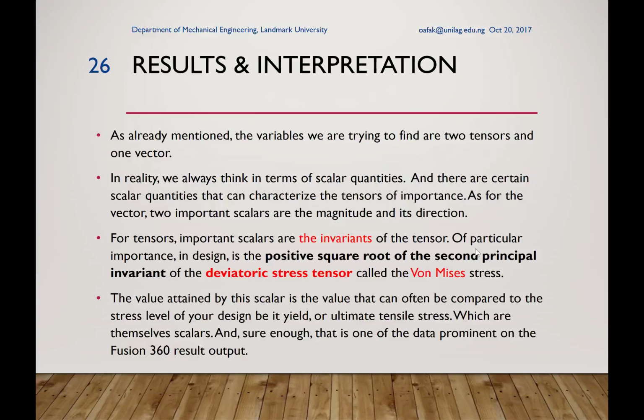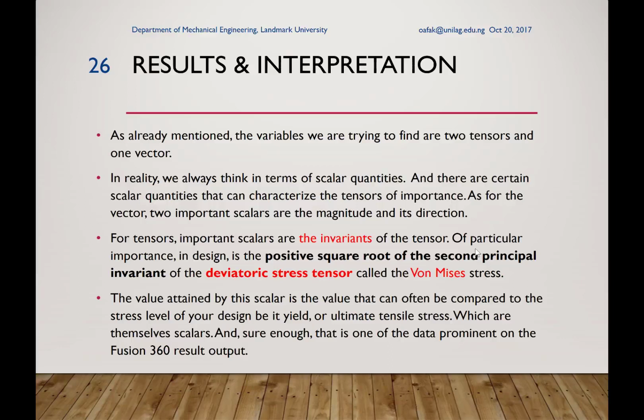Now, results and interpretation. As already mentioned, the variables we are trying to find are two tensors and one vector. In reality, we are usually thinking only in terms of scalar quantities. Now, there are certain scalar quantities that can characterize the tensors of importance. As for the vector, as you know, for any vector, there are two important scalars, and these are its magnitude and its direction.